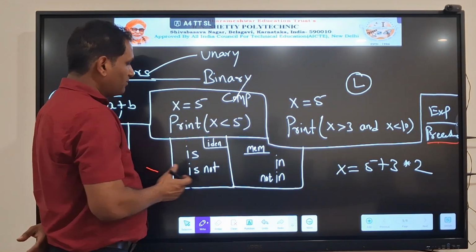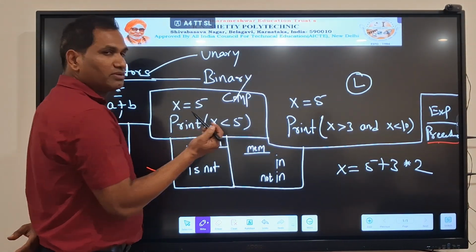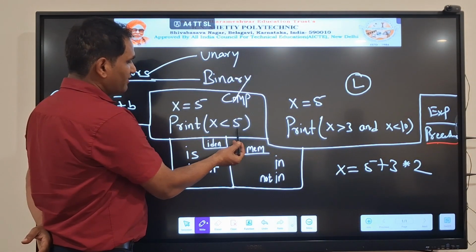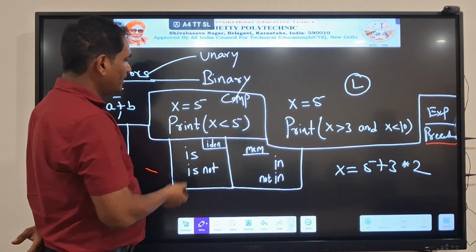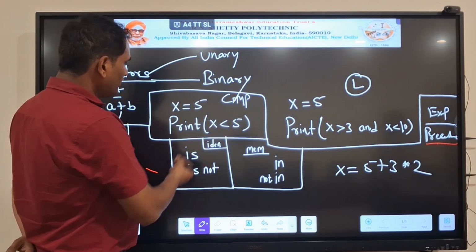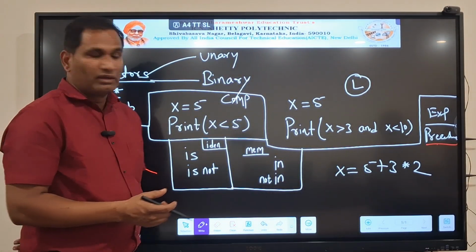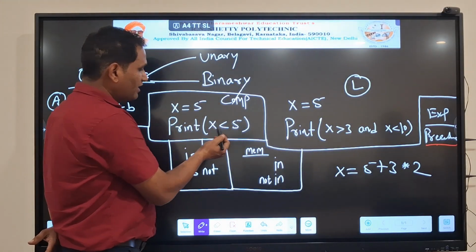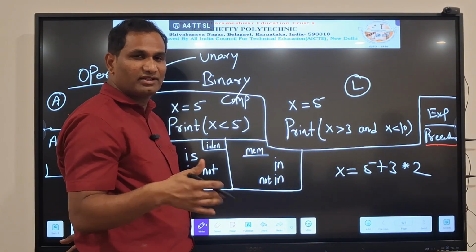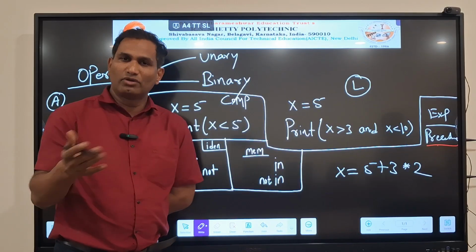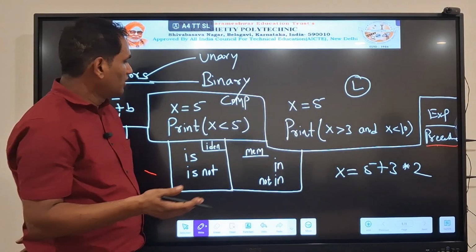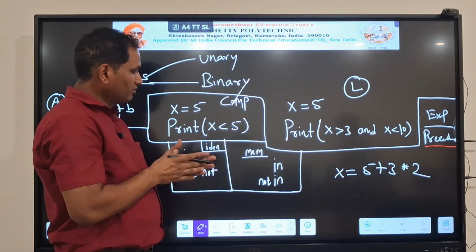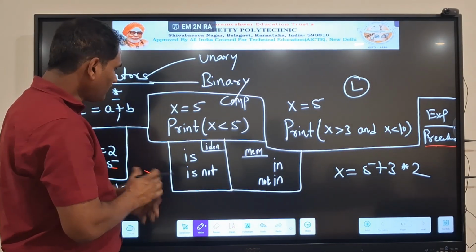In this small example, x = 5 and print x < 5, we will get the result. In this way it will be performed. Here I have used the less than symbol. You can use less than or equal to, not equal to. We will be using those things in conditions and other places.